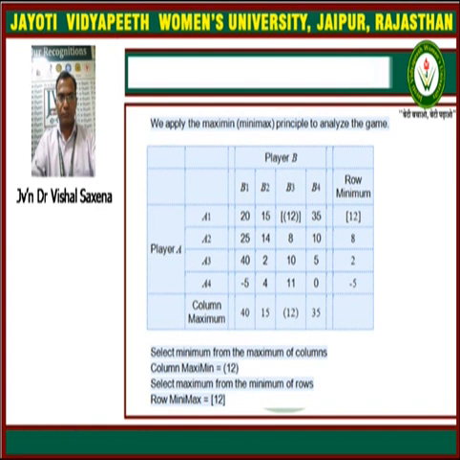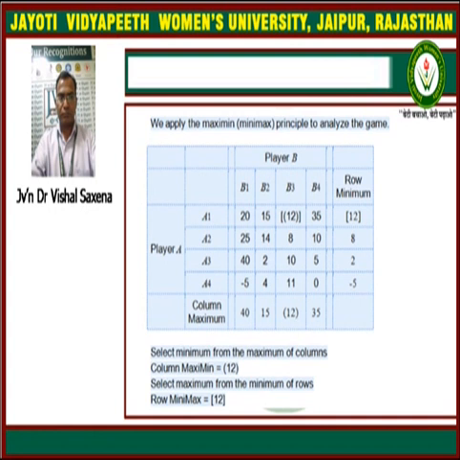First we have to find the row minimum values. We can see the row minimum values are 12, 8, 2 and -5, while the column maximum values in the matrix are 40, 15, 12 and 35.